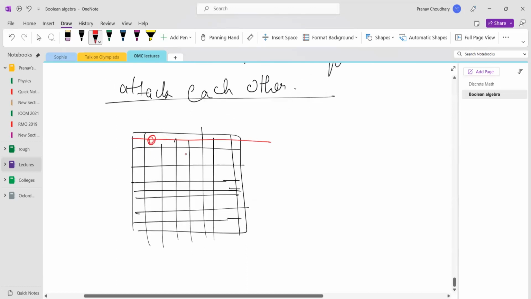So a queen basically attacks row wise, column wise, or diagonally. So you have to place 8 queens such that no two attack each other. I think if you go around rows or columns, it would be easier. But for the diagonal part, you are trying to find if you can form a certain square.